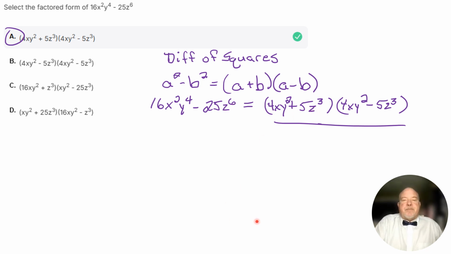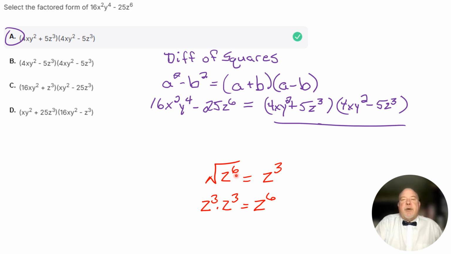Because remember, when you multiply powers, z to the third times z to the third, you add the exponents and you get z to the sixth. So really, when you're doing a square root with exponents, you're just taking half of that value.